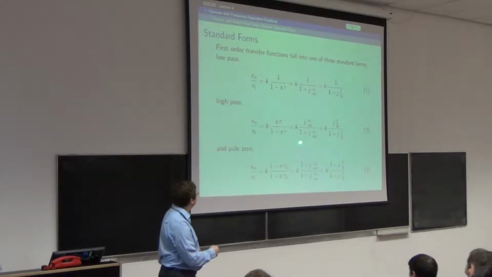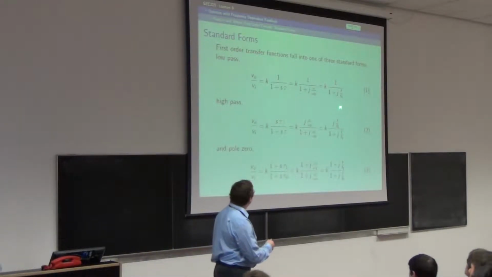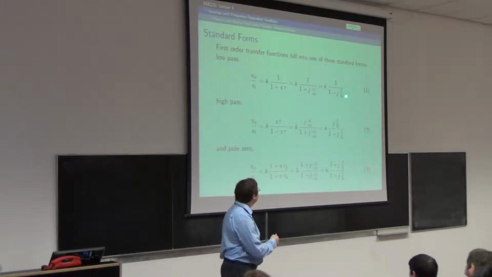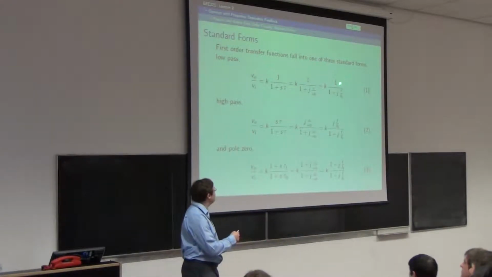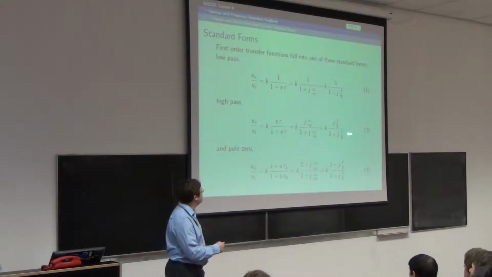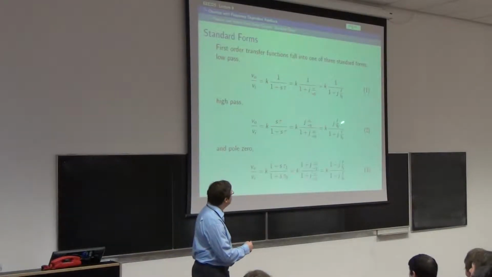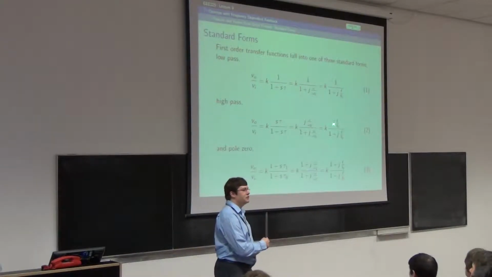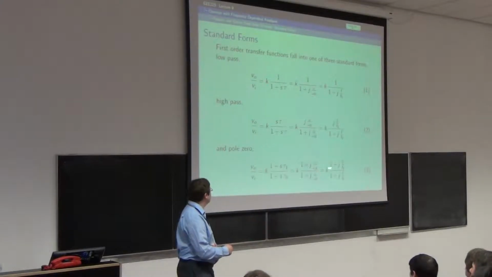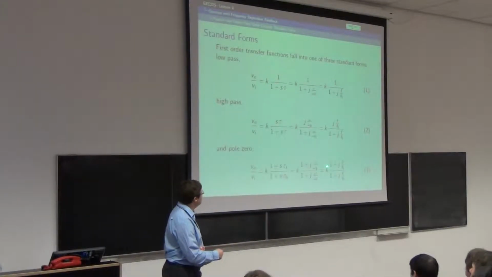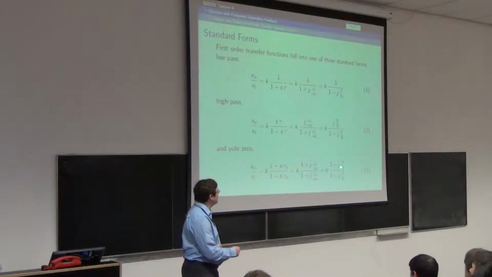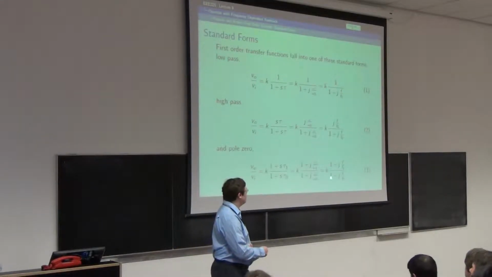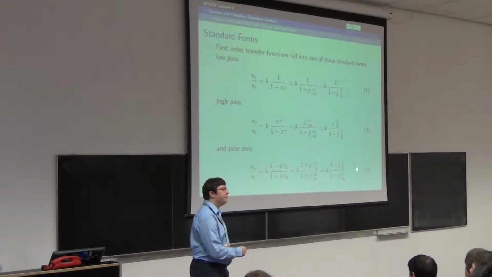So for low pass, we've got one pole at F0, and we've got a 1 on top. And for high pass, we've got one pole at F0, and we've also got the 1 on top, or 1 J omega. And for pole zero, we've got a zero, which is 1 plus J omega, JF over F1, and a pole, which is JF over F0. And F1 and F0 are different.